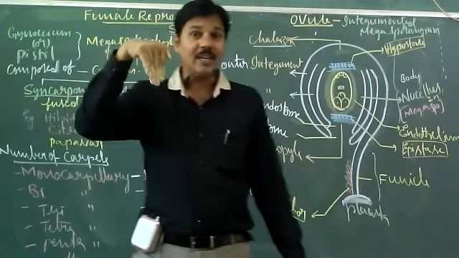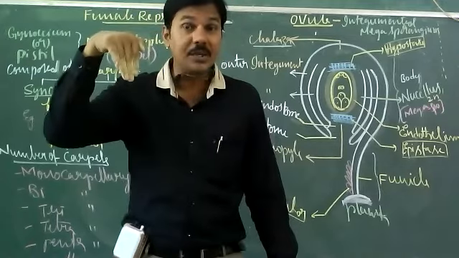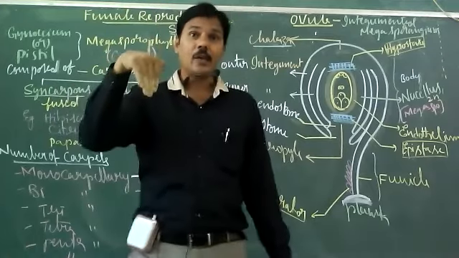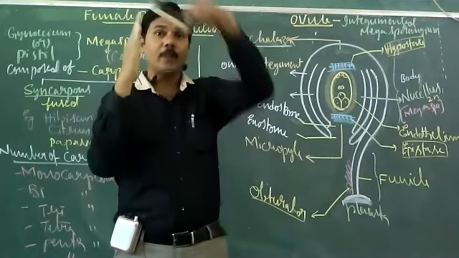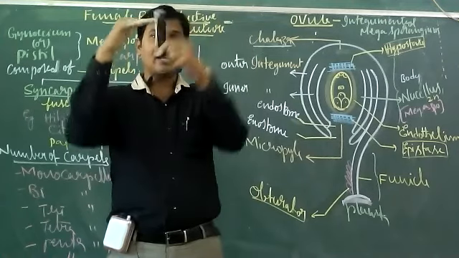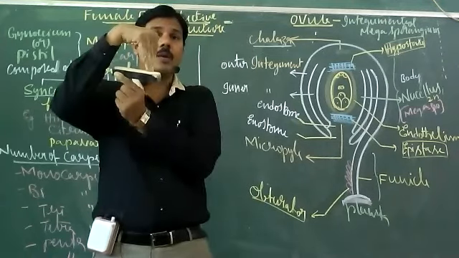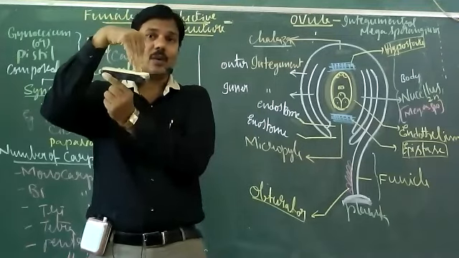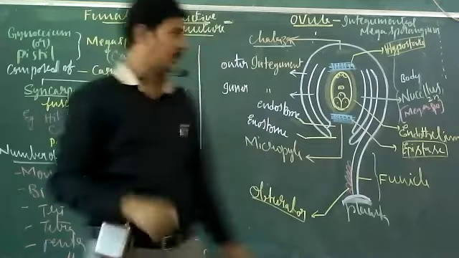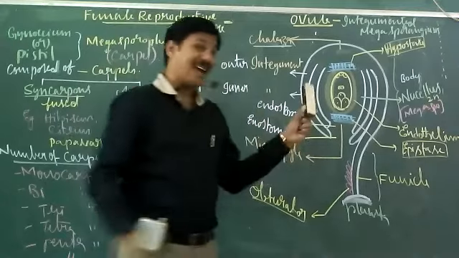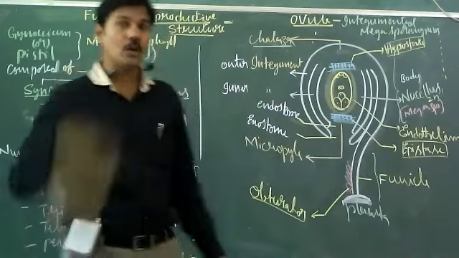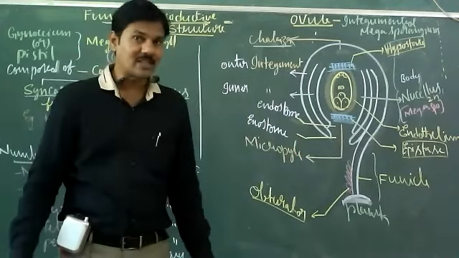Here is the tip. The epistasis comes down, and the hypostasis comes up. So as this is an anatropous ovule, an inverted ovule.